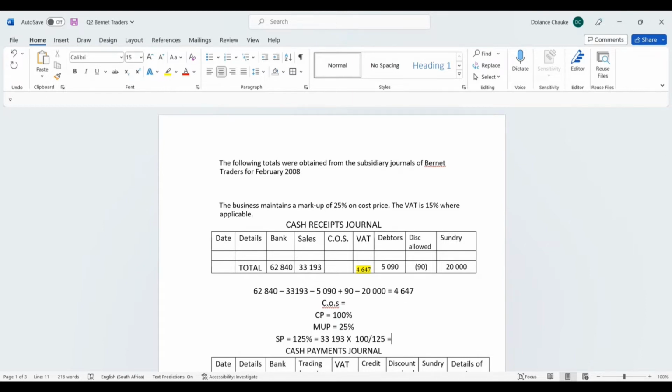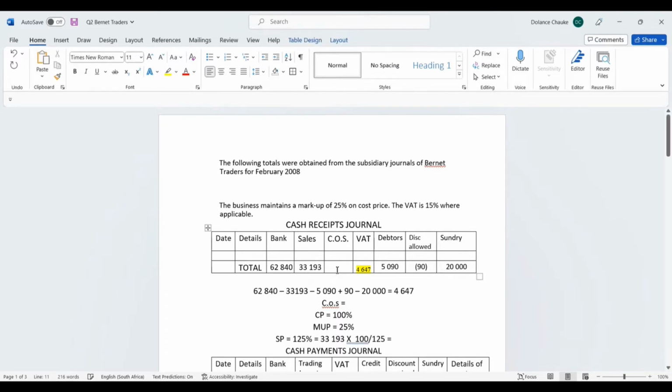How much is your cost of sales there? It's 26,554.